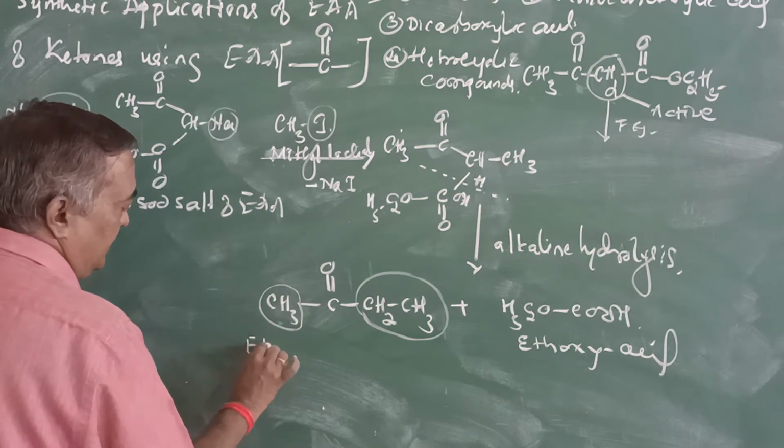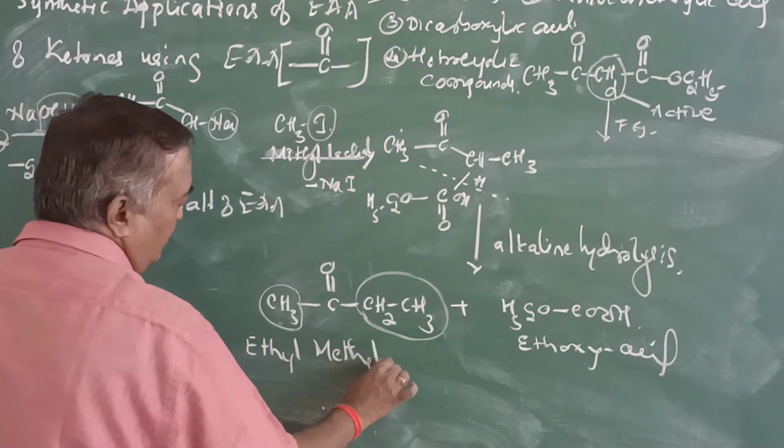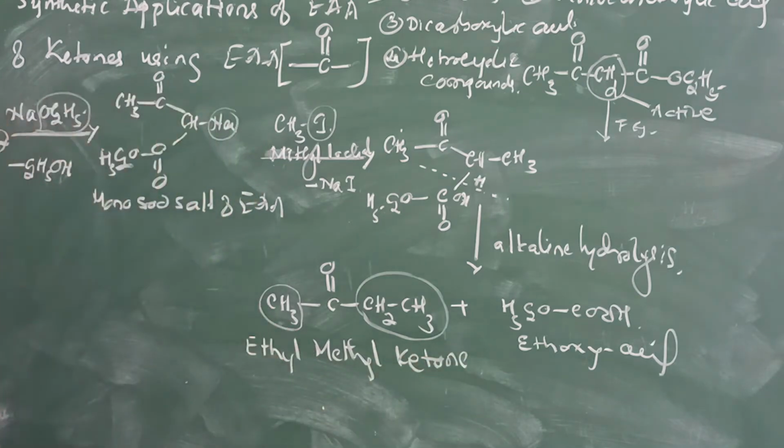So this is the ethyl group, this is the methyl group: ethyl methyl ketone. Right? So this is the simple way of conversion of ethyl acetoacetate, EAA, with sodium ethoxide into a simple ketone, where we can use methyl iodide as one of the reagents.